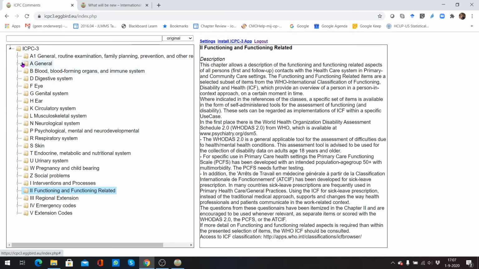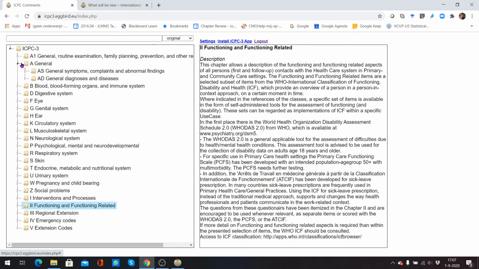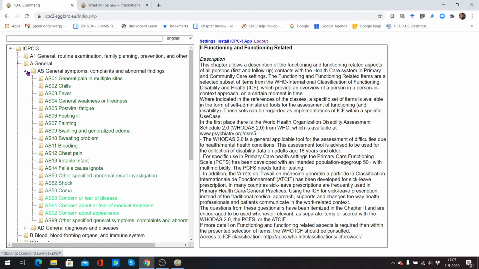Chapter A, the general chapter, is organized in the same way as the chapters B to W. However, Chapter A contains symptoms and diagnoses that cannot be linked to one system or can be linked to more than 2 body systems. For example, I will open the symptom part.